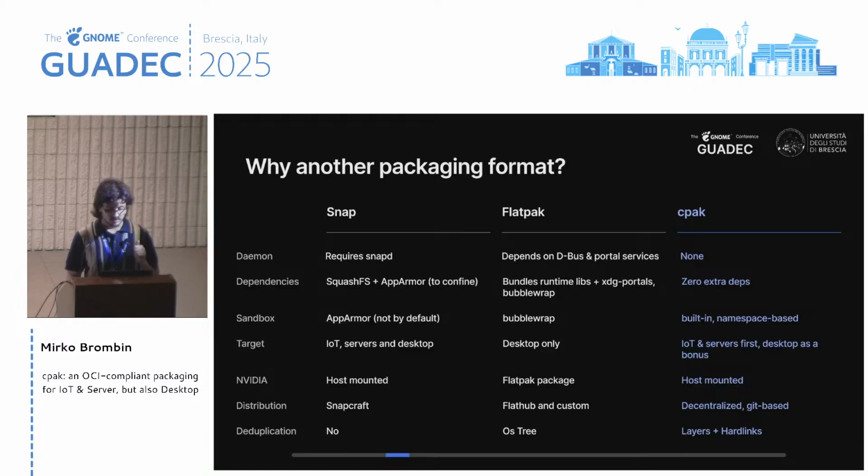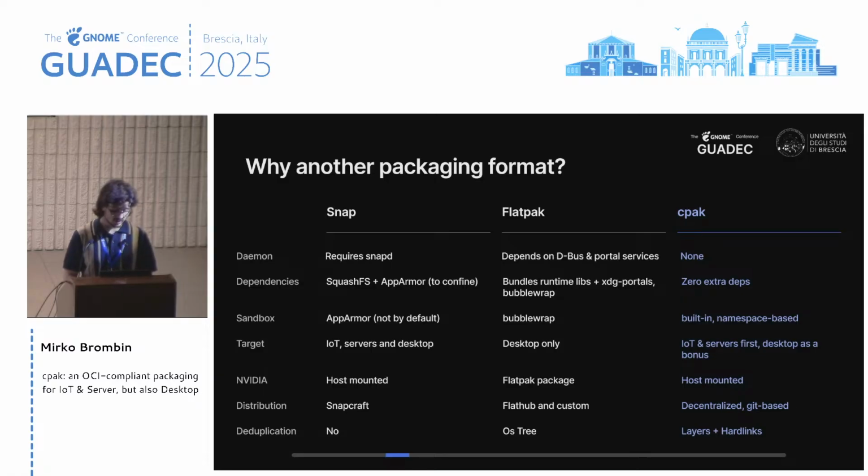The first one is based on layers because we use OCI images. If you know how a container image works, you just pull a bunch of layers, like 1, 2, 3 layers. If we already have one of those layers, you are not going to pull it. Just use the one we already have.